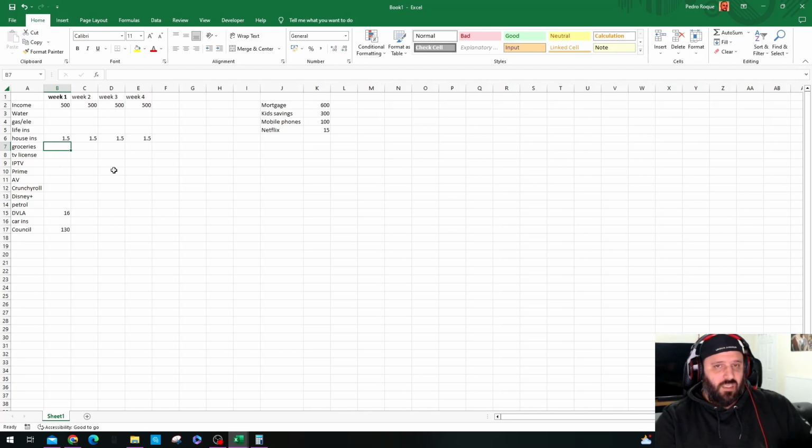Groceries. What I did, I started to do this during COVID because I didn't want to go and buy groceries every week. If we're told to stay at home and to avoid contact with other people, we should start considering that we should go less into stores and stuff.